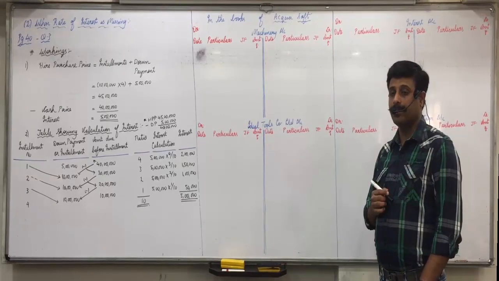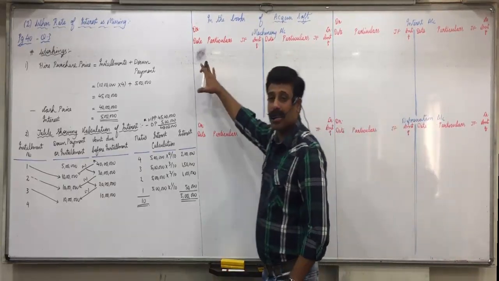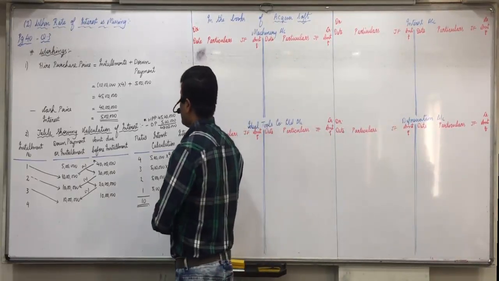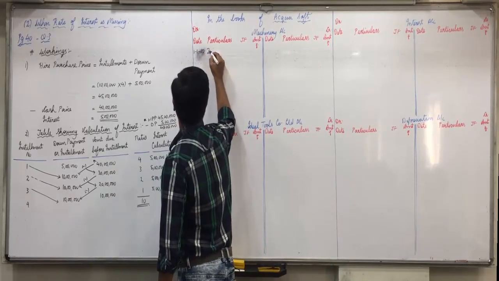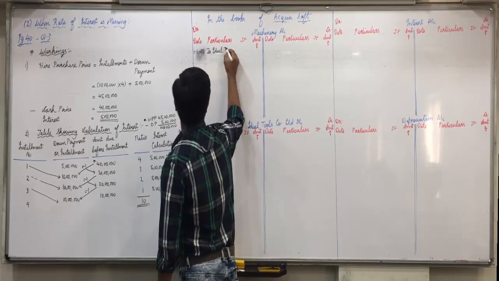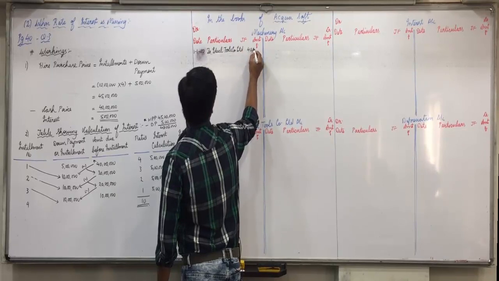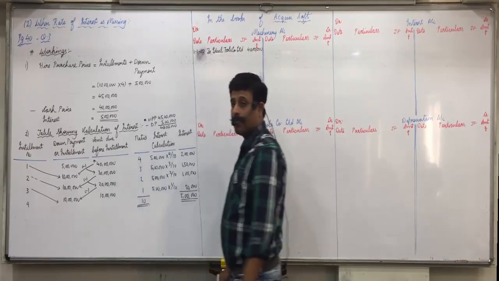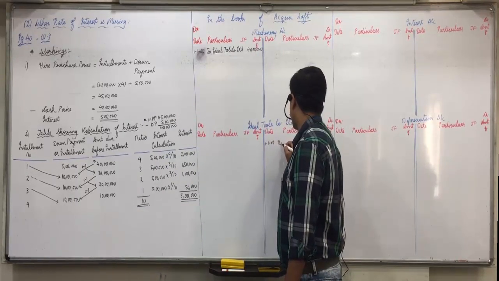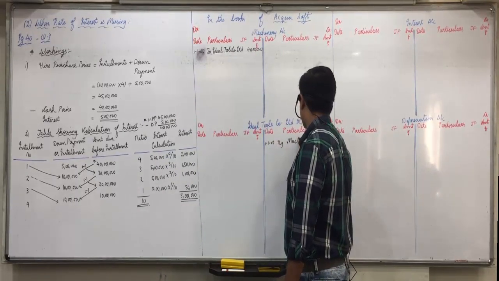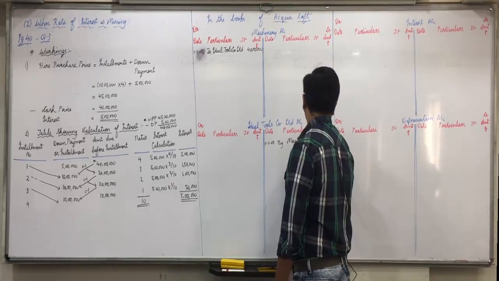And yes, machinery account debit to Ideal Tools Company Limited. So machinery account debit means in machinery we will write on debit side. What is the date of purchase? 1/1/2000 to Ideal Tools Company Limited with the cash price of 40 lakhs, and opposite side in Ideal Tools Company 1/1/2000 by machinery account 40 lakhs.